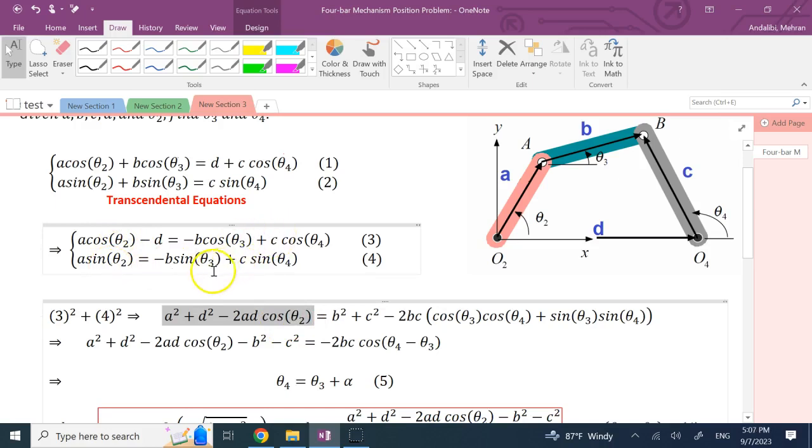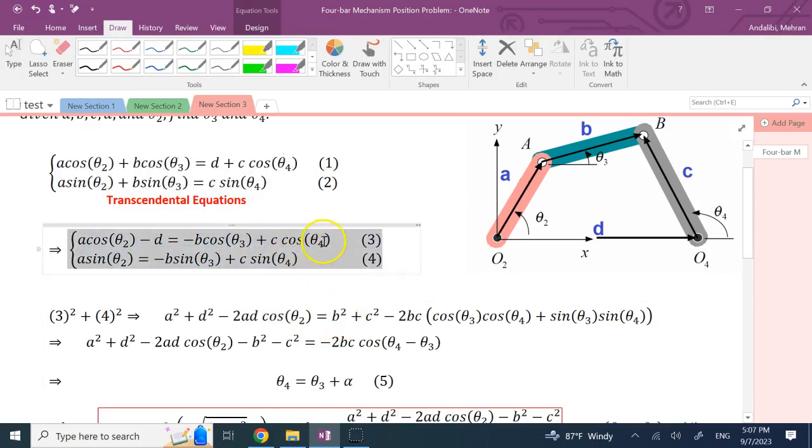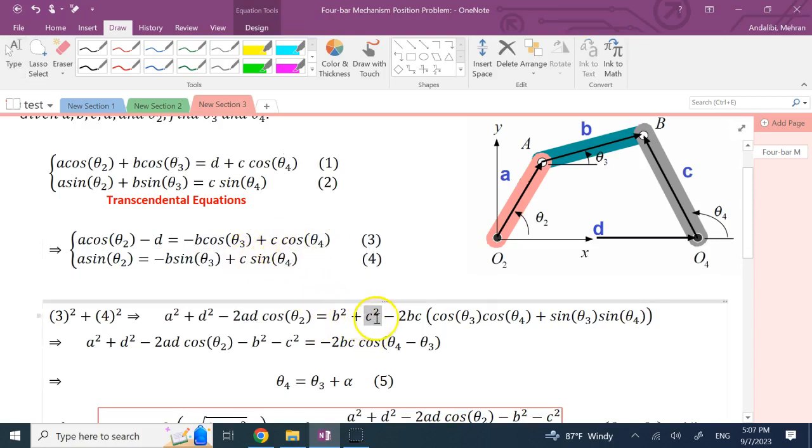What do I get on the right-hand side? Well, I will get these terms individually squared. So I get b squared cosine squared theta 3 and b squared sine squared theta 3, which when I add them together, I get b squared. These two other terms, c squared cosine squared theta 4 and c squared sine squared theta 4, will give me c squared.